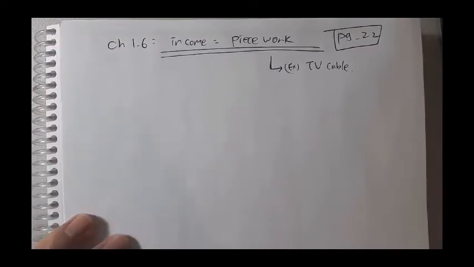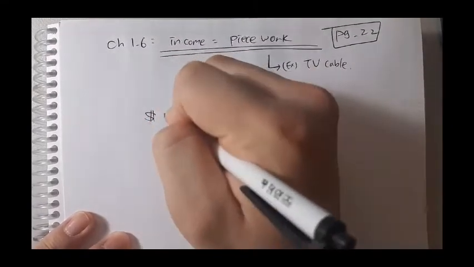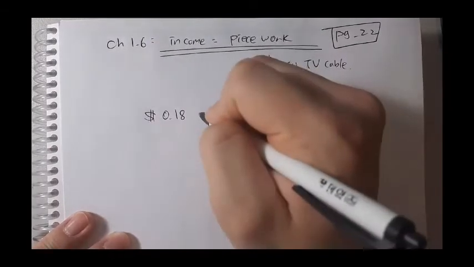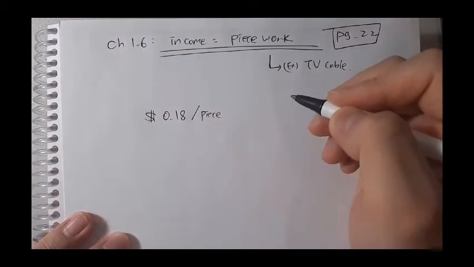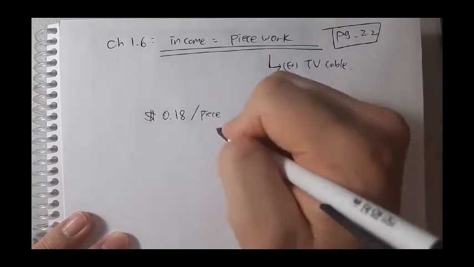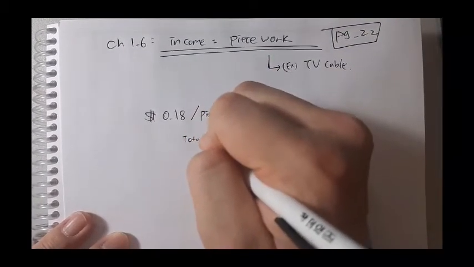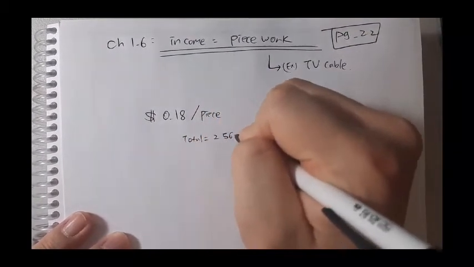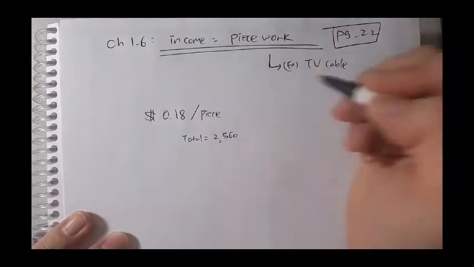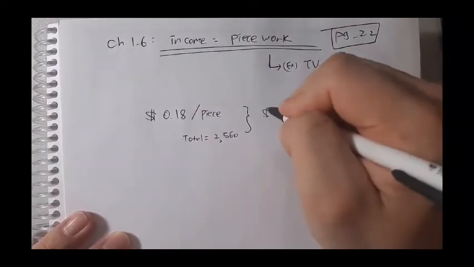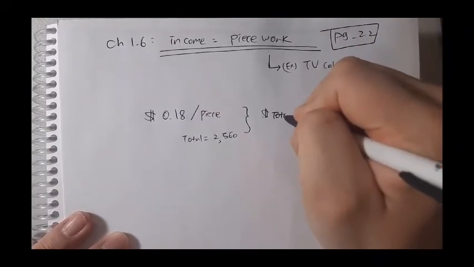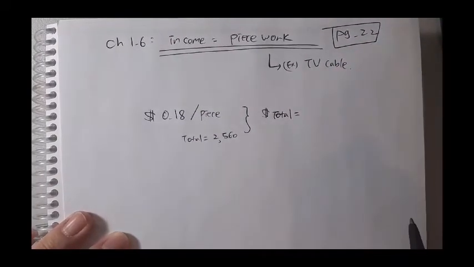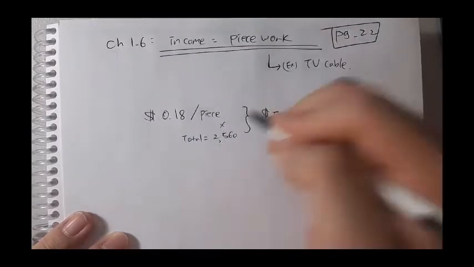Like for instance, if you get 18 cents per any type of piece that you sell, and you sell a total number of 2,560, then how can I find my total gross income? Well, it's a simple multiplication.